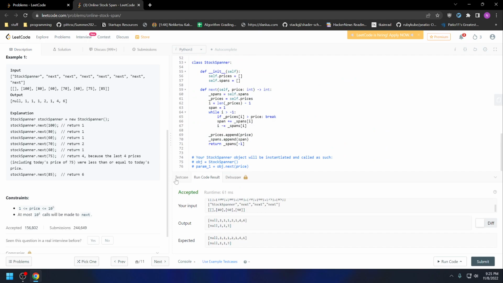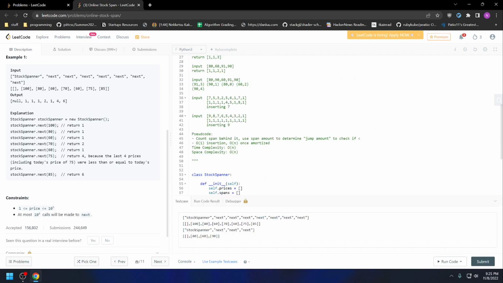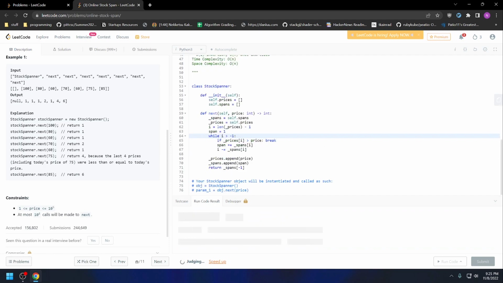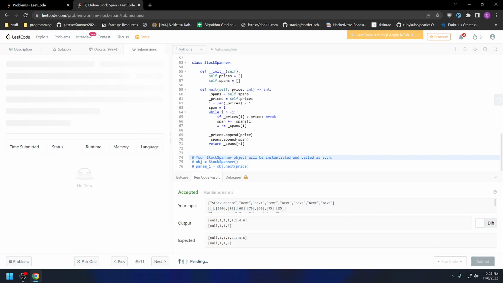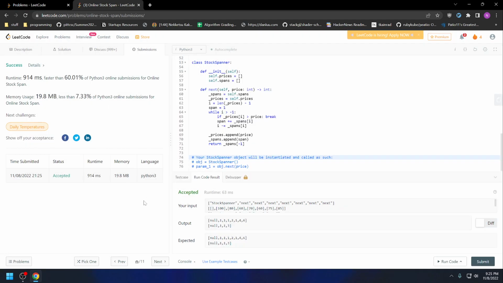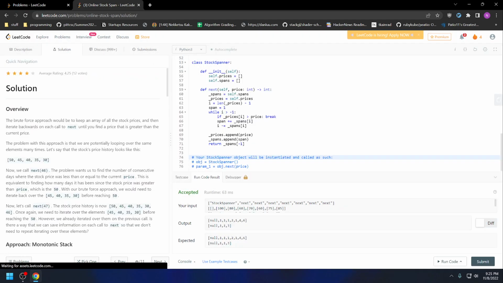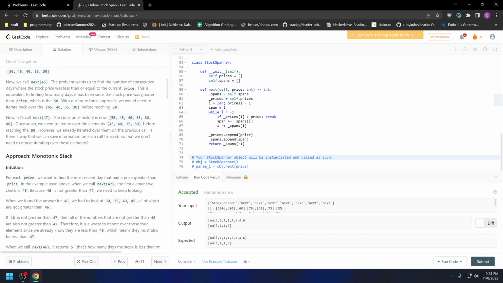Okay, 113, that's correct. And let's go ahead and test 9, 8, 9. Cool. I think that's the answer. Am I missing any edge cases? Nope, that works. All right, let's take a look at the solution.